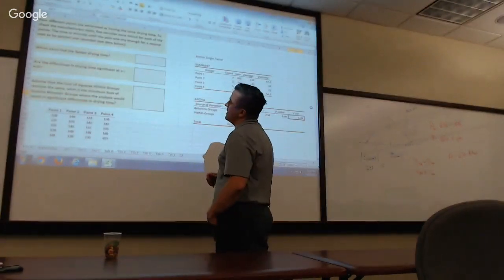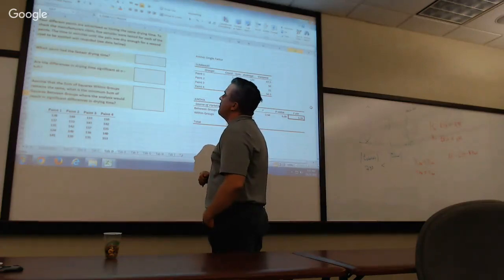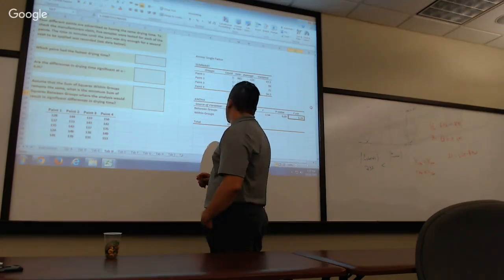So assume that the sum of squares within each group remains the same. What is the minimum sum of squares between groups where the analysis will result in a significant drying time?